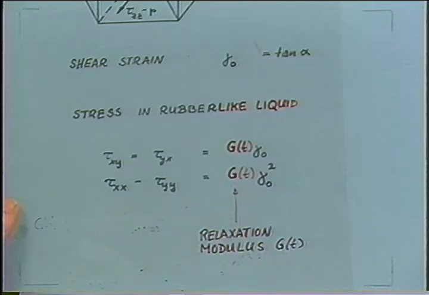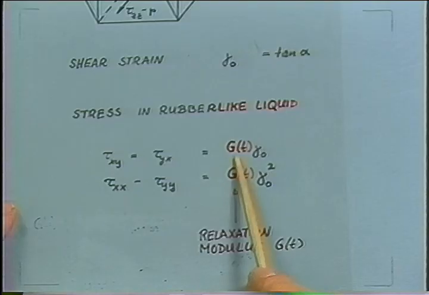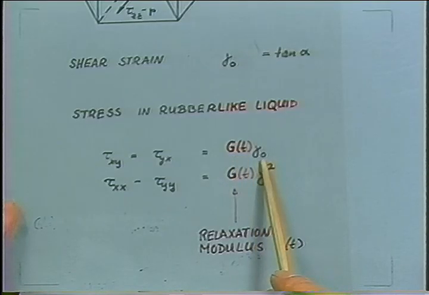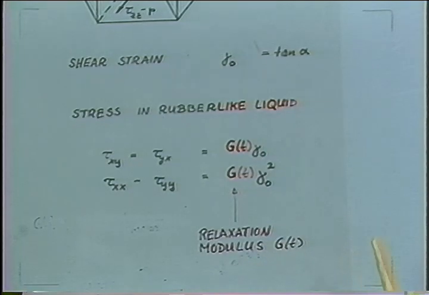And there we would again have a shear stress given by the modulus of this material times the shear strain, but the modulus now is a time-dependent one. It's a so-called relaxation modulus of the material. And the first normal stress difference is given also by the same modulus times the square of the strain we are putting in there. So this is the relaxation modulus. And there's the second normal stress difference, and I don't have enough data.